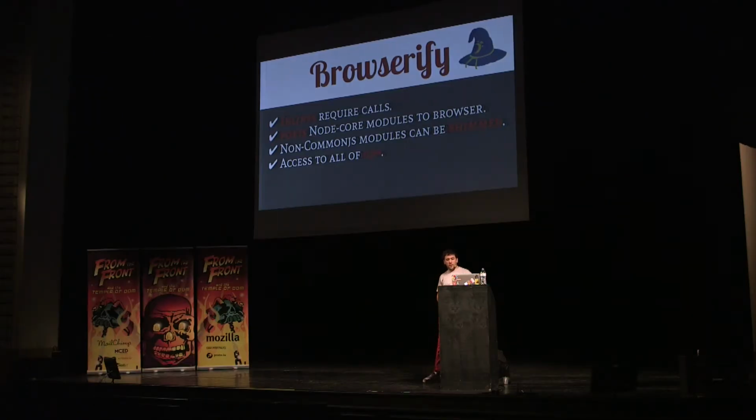And they were like, no, I don't. And yeah, okay, well, I want to use AMD then. So the other cool thing is that it has access to all of npm. And this really means that you can use the same modules that are used in Node, but in the browser.